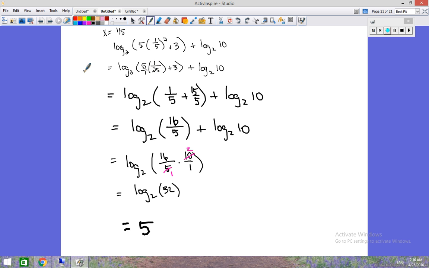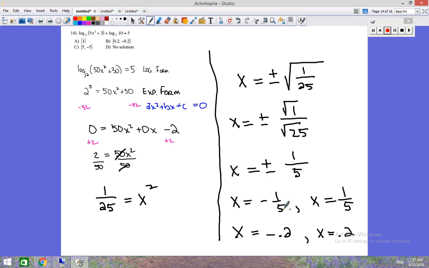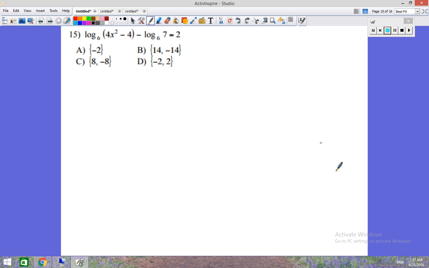So from here below, we get the exact same steps that we did with negative 1/5. So they both check, is my point. Now, negative 1/5 and 1/5 as decimal numbers were negative 0.2 and positive 0.2, and that was option B. I hope this is helping. 2 more problems, and we're done.